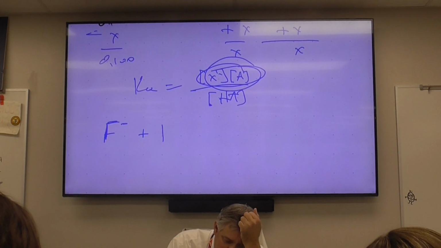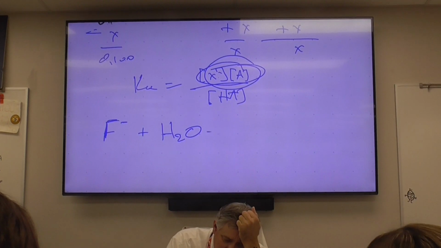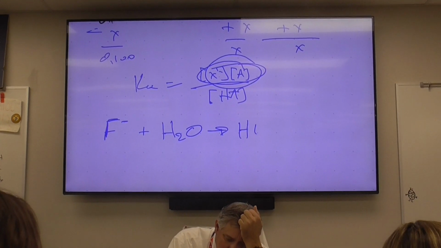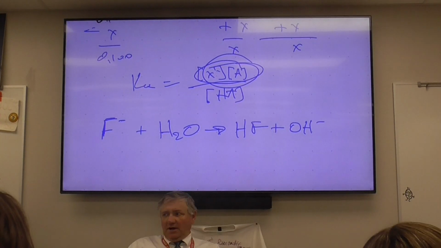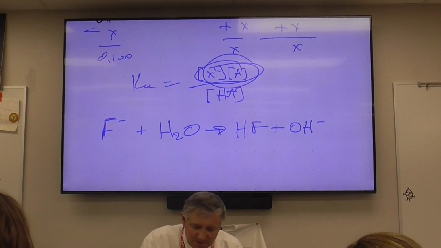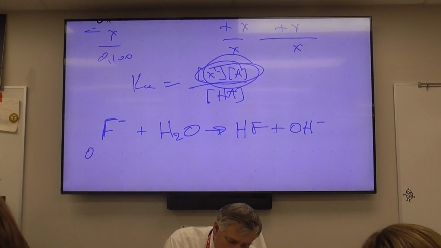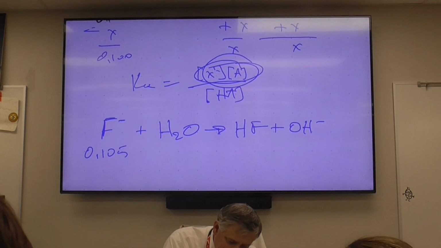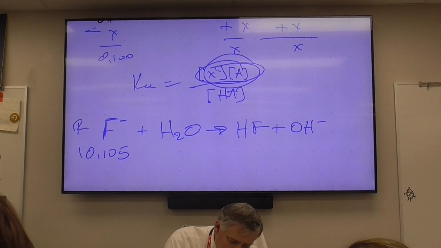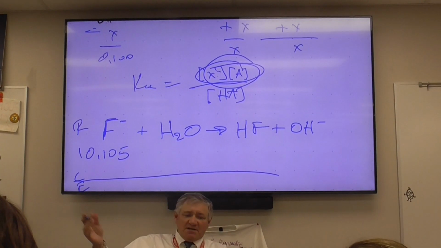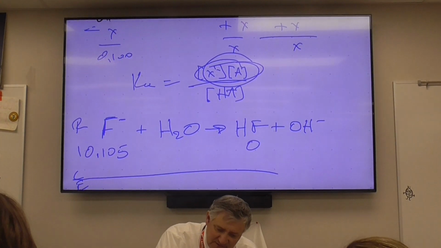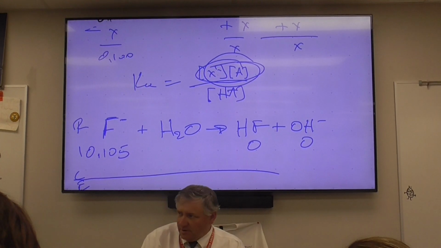The fluoride ion is going to react with water, and you're going to form hydroxides. In this situation, you have a 0.15 molar solution. It's the same process. This starts off at 0, that starts off at 0.